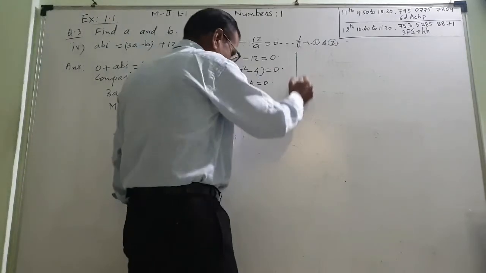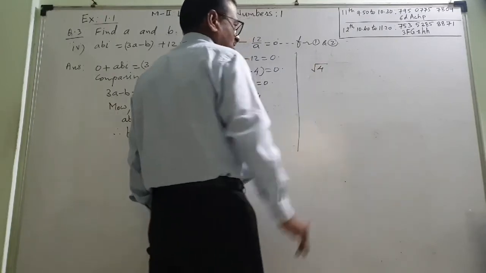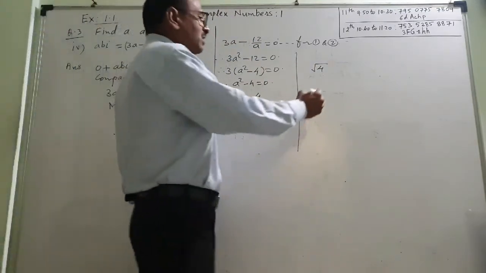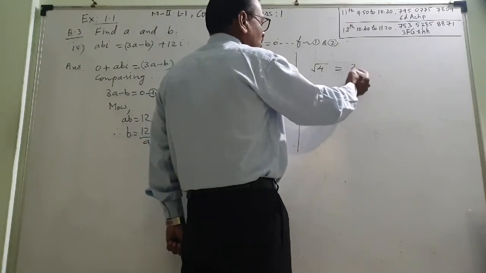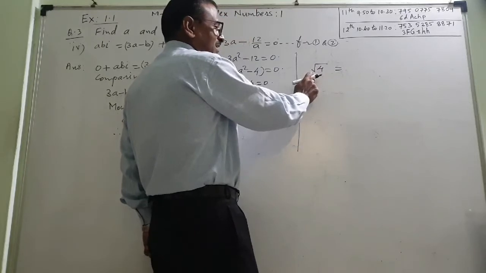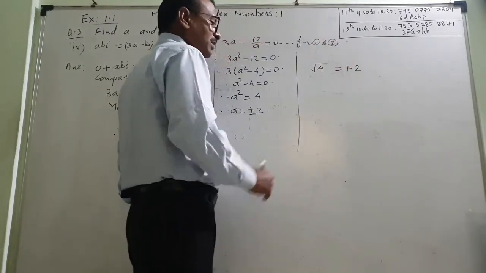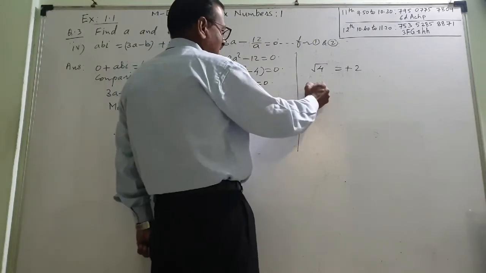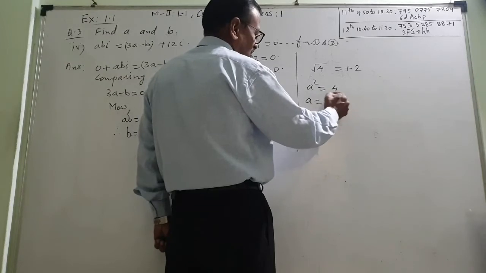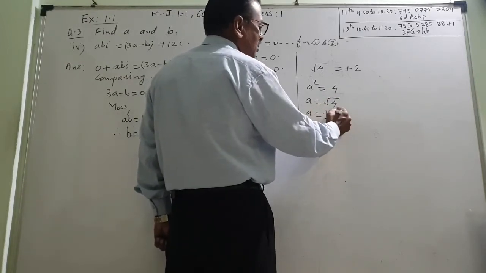Now here there should be no confusion. What is the root of 4? Find the value of this. This is equal to only 2, no plus or minus. If a single number is given, then its root is only considered to be positive. If it is the equation a square is equal to 4, therefore a is equal to under root 4, therefore a is equal to plus or minus 2.